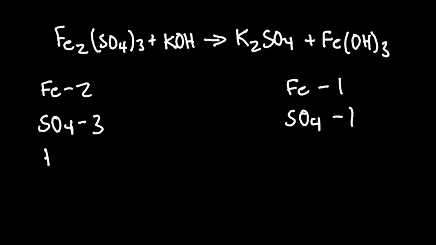On this side we have 1 potassium atom. On this side we have 2, and on this side we have 1 hydroxide, and on this side we have 3.